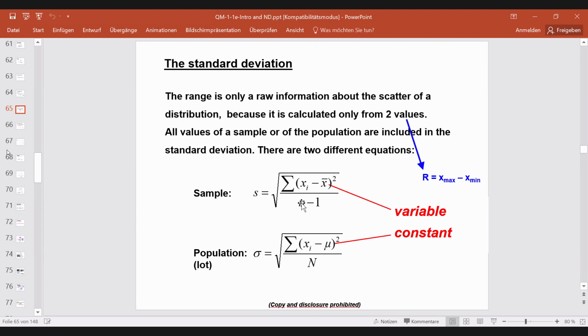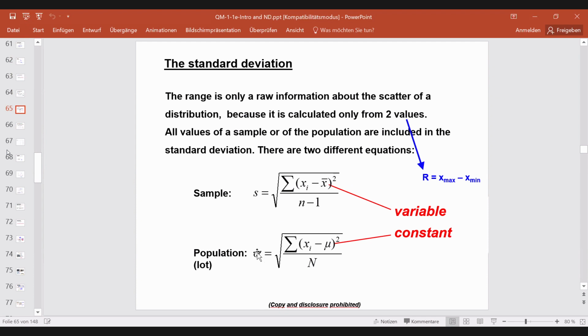So if you have a sample of 10 measurements, then here you have 9, 10 minus 1, and then the root of all of this is the standard deviation of the sample.